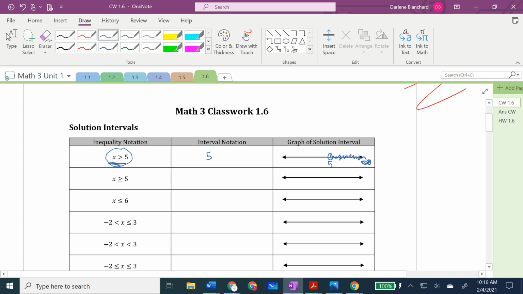It's the left edge of the interval, if you were to graph it on a number line, comma, the right edge, if you were to graph it on a number line. Infinities always have the round brackets. If you do not have an equal to sign, then it's not included, and we do a round bracket on the 5.